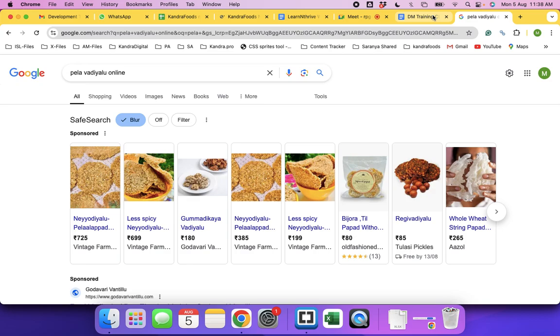Were you all aware of Google Shopping earlier? Ever shopped on Google Shopping?